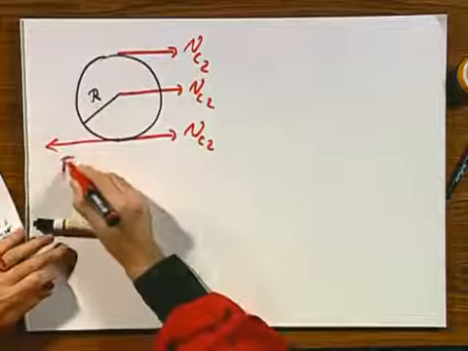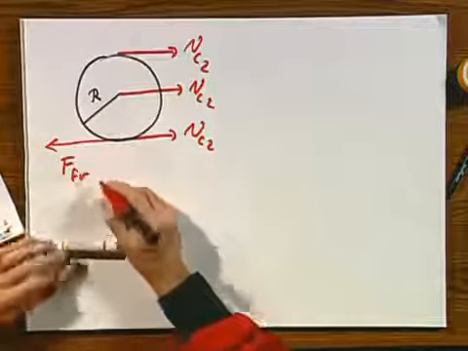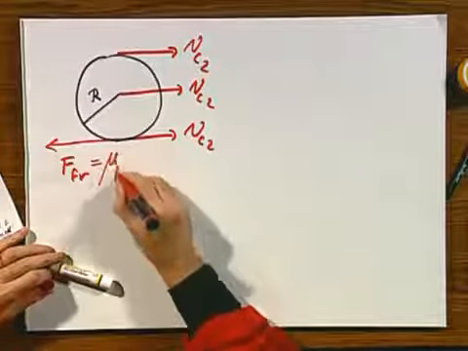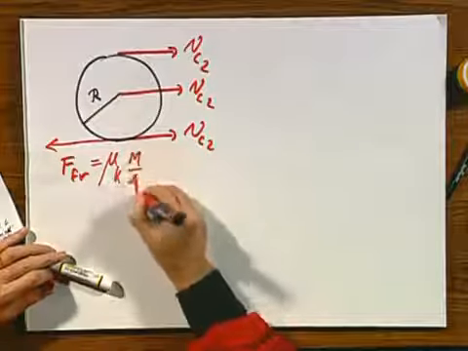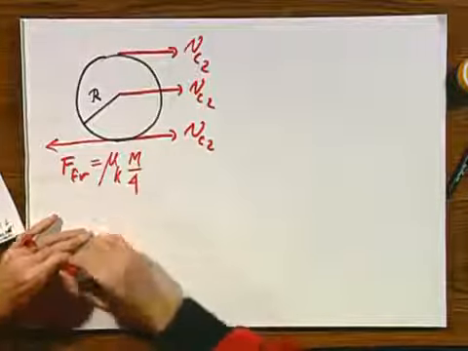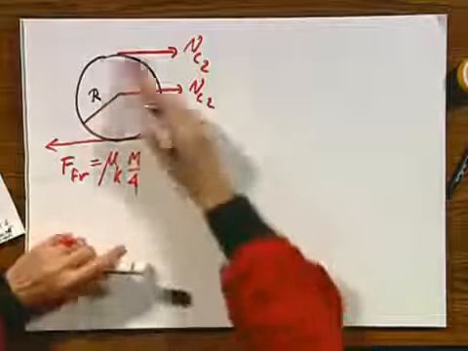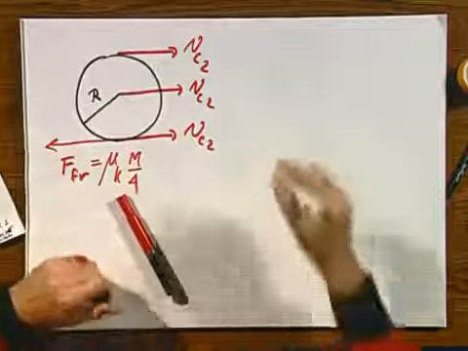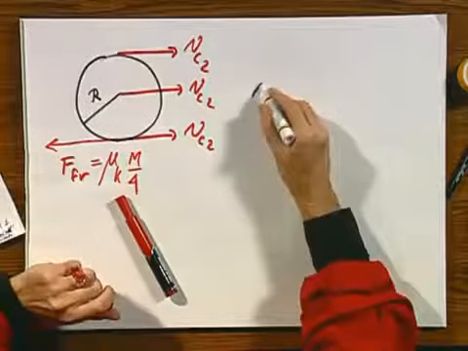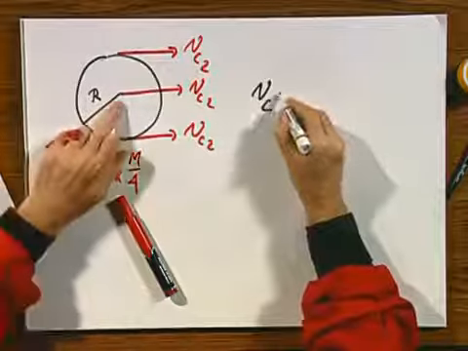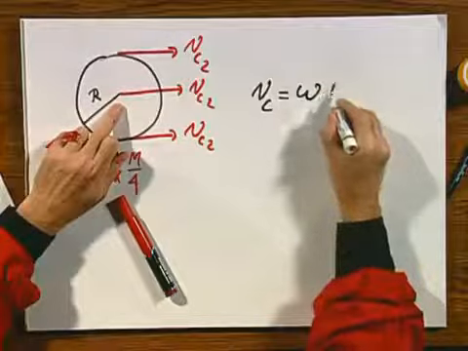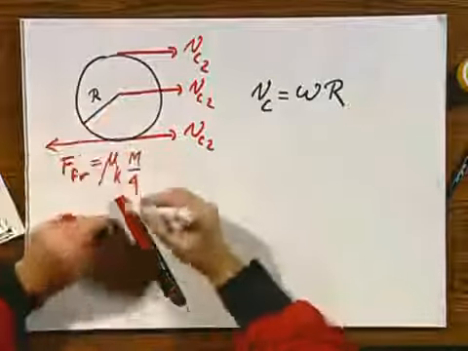I have a frictional force here which on one wheel only would be mu k times m over 4, and this wheel is now going to be torqued up until you have pure roll, when the v of the center of mass becomes a new omega times r.